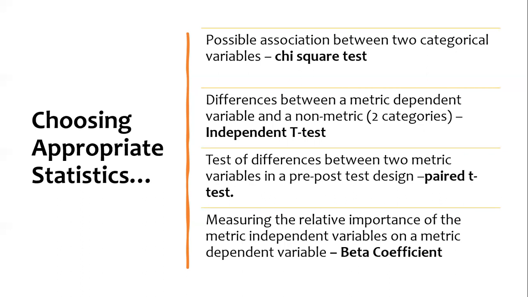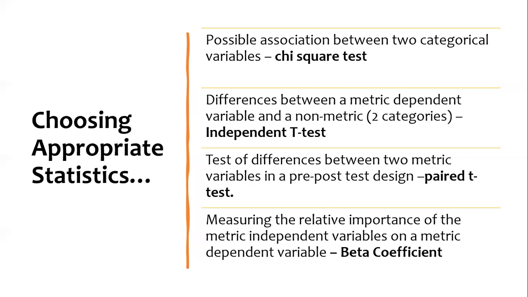Also, you can test for difference between 2 metric variables in a pre and post test design. For example, if I was to train you now and I gave you a pre-test scored over 100, and we have about 200 people in this class, I would take your scores from the 200 of you at the beginning, and then after this particular lecture, I would administer the same questions again and you answer them.